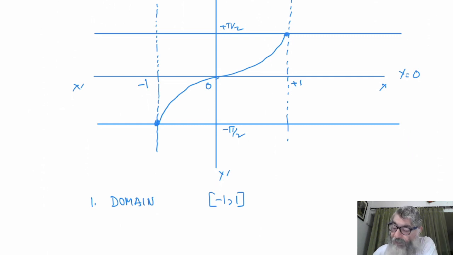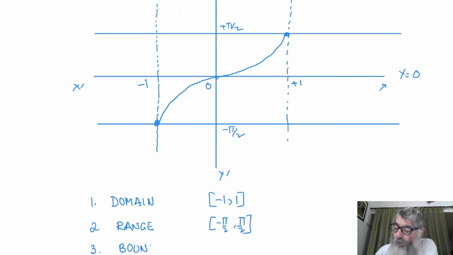And what is the range here? Range is the restricted domain actually, minus pi by 2 to pi by 2. Is it bounded? Yes, it is bounded. Why is it bounded?